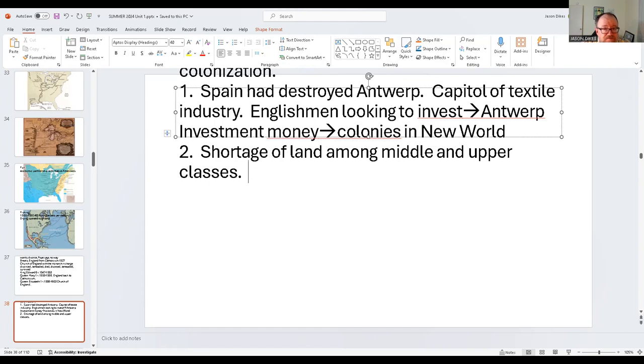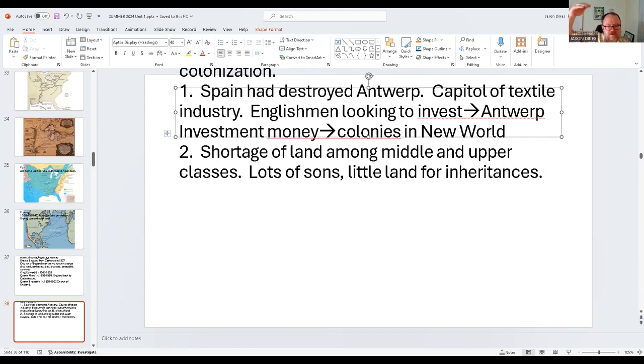You could drive from the southernmost point of England to the northernmost point of England in about 8 to 10 hours. So as the middle and upper classes were having families, lots of sons, there was little land for inheritances.